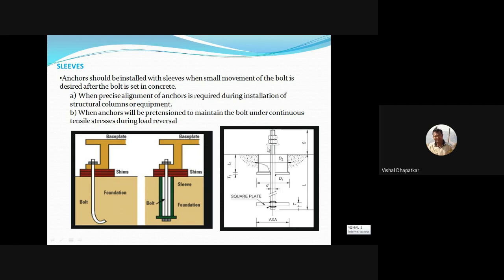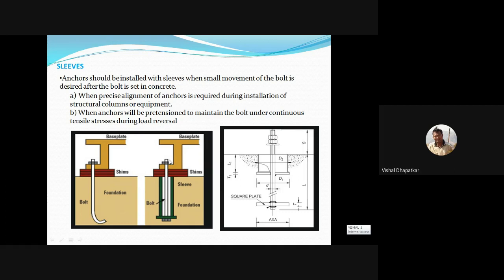So once we tighten these nuts up to the required torque, there will be a tension in the bolt, and because of the nut at the bottom, the sleeves will help to keep the tension intact, or keep the bolts under tension. So this is the main purpose of the sleeves.